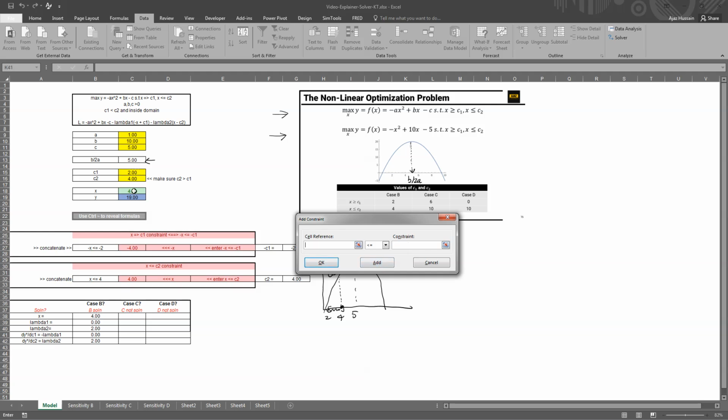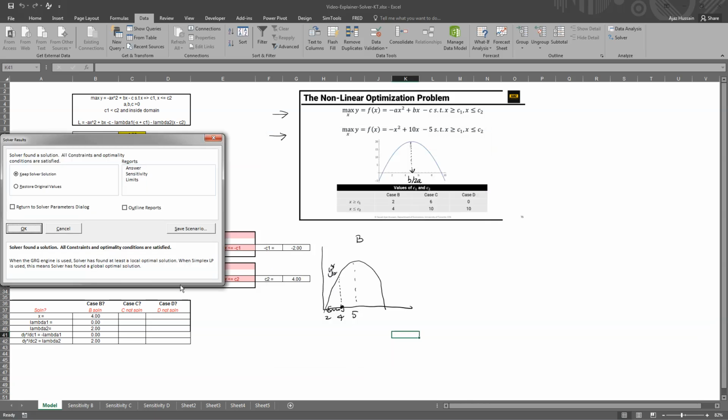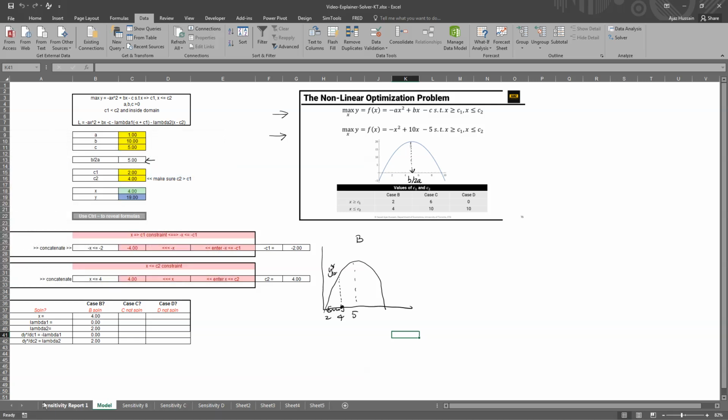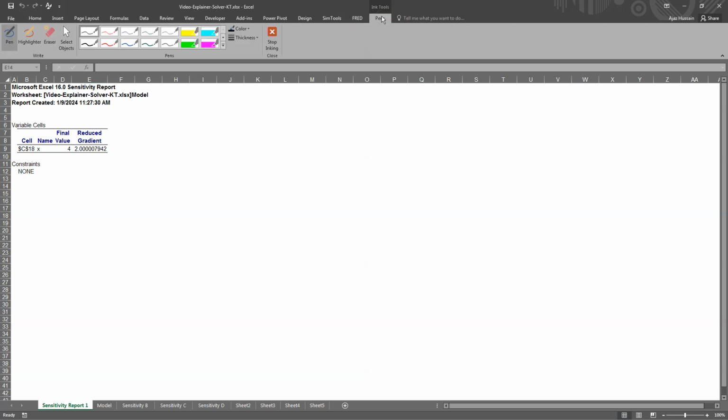They also know that x must be less than or equal to C2, which is right there. I will uncheck make unconstrained variables non-negative. I solve it, and I ask for the sensitivity report. And if I look at the sensitivity report, you will see there are no constraints whatsoever. It doesn't recognize that you had constraints, and there are no Lagrange multipliers.